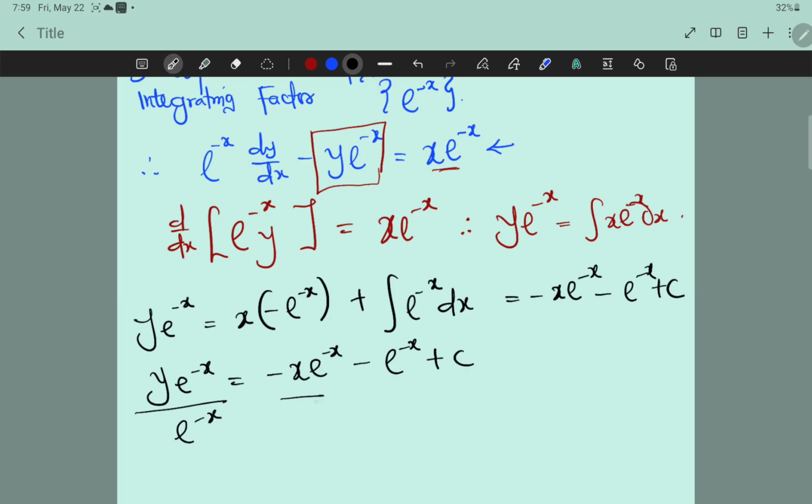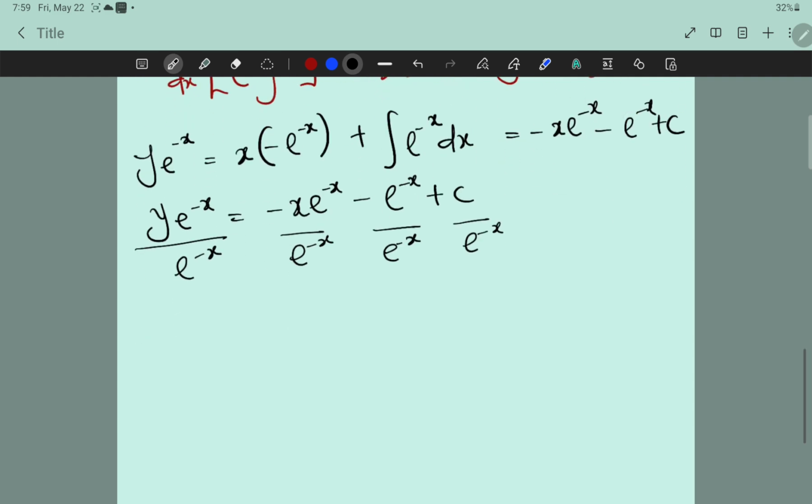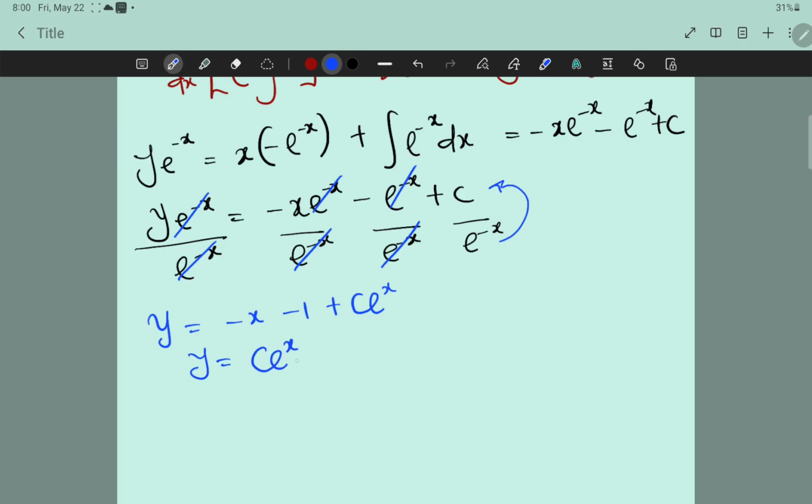So let's divide both sides by e to the power of minus x. We have y is equal to minus x minus 1 plus c e to the power of x, because when this one goes up, the negative becomes a positive. So this is likened to saying y is equal to c e to the power of x minus x minus 1.